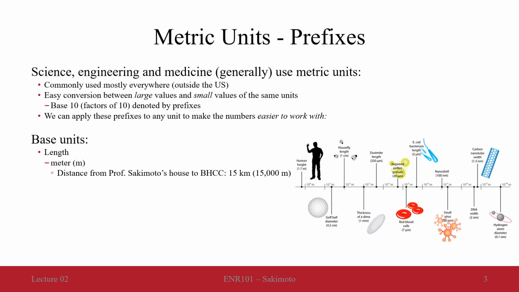So it's helpful to have in your back pocket that the distance spanning across cities, for example, the distance between my house and campus, is in the range of 15 kilometers or 15,000 meters. We're able to use this kilo prefix to shorten and abbreviate these numbers. Both represent the same distance, of course, but one is more convenient and more concise to write.